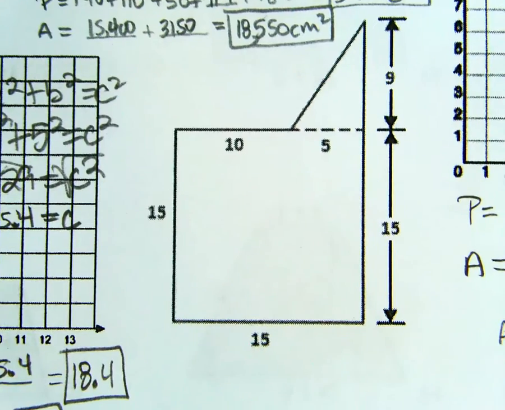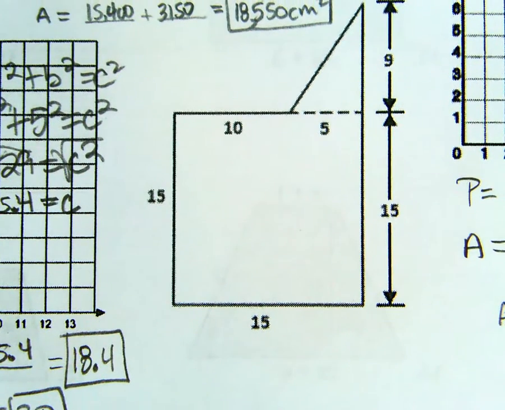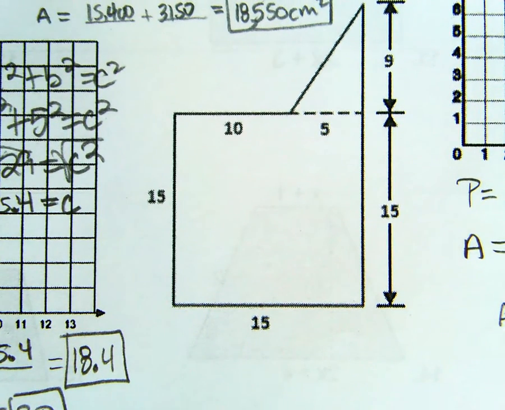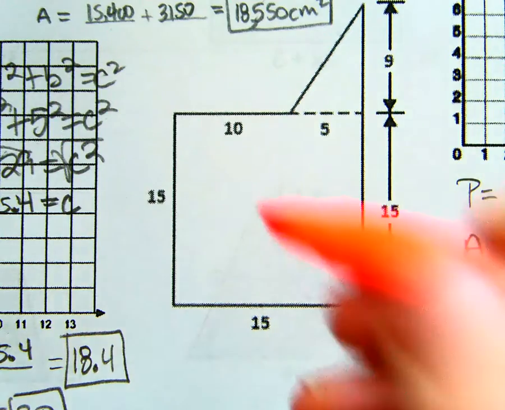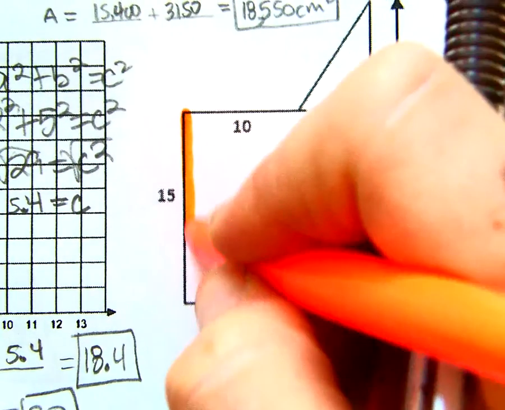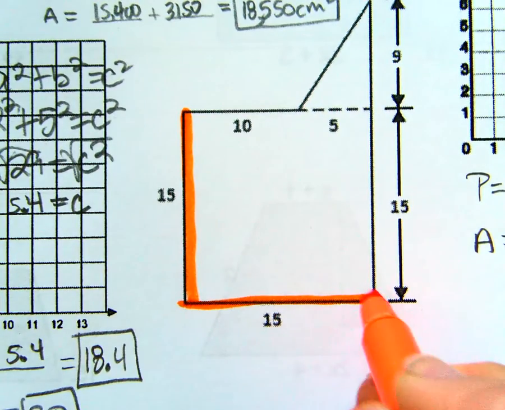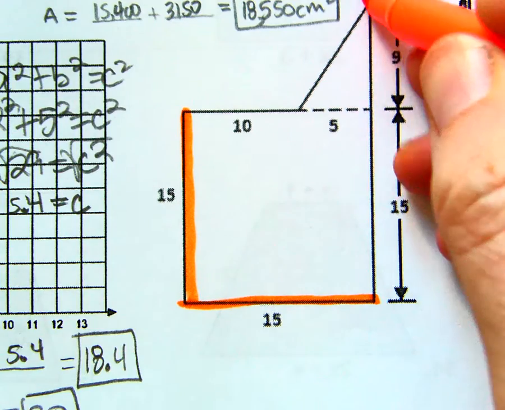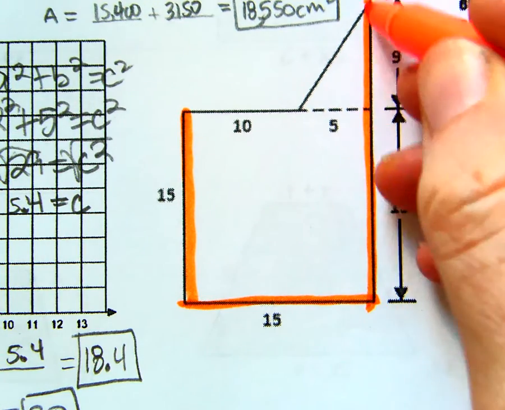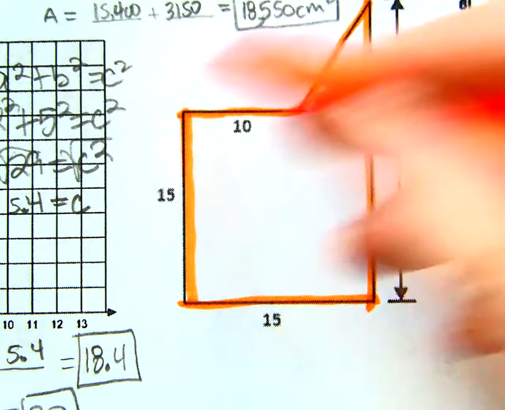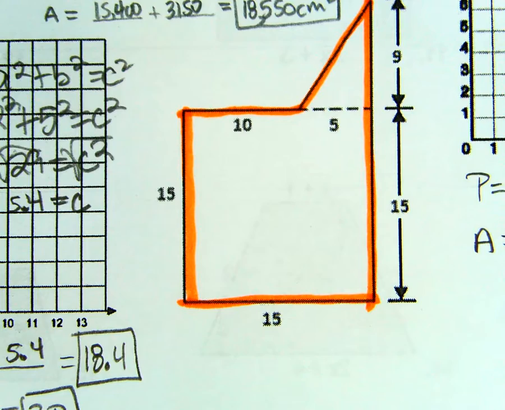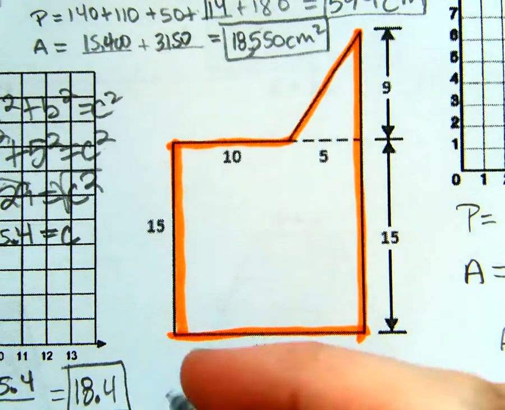All right, last one. Looks like this. Kind of stuck in the middle of the paper here. So perimeter, I see 1, 2, 3, 4, 5. That means I need to add 5 numbers together. Right?